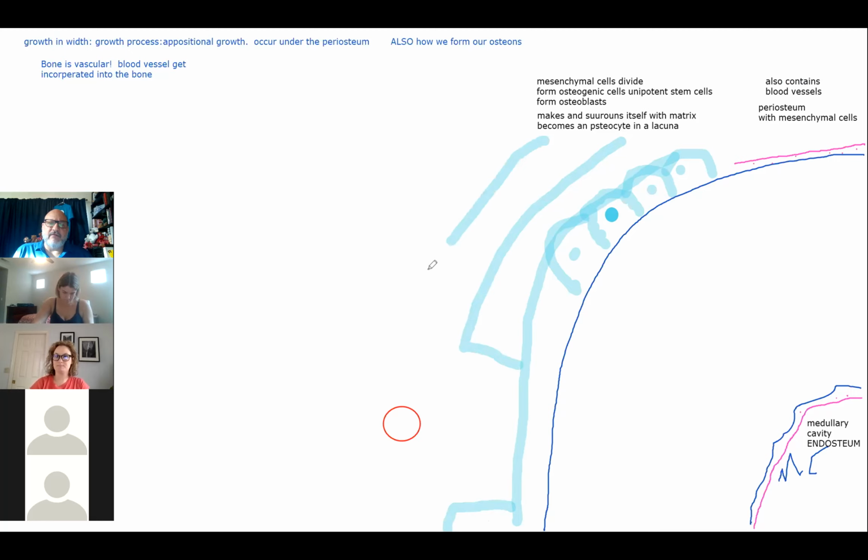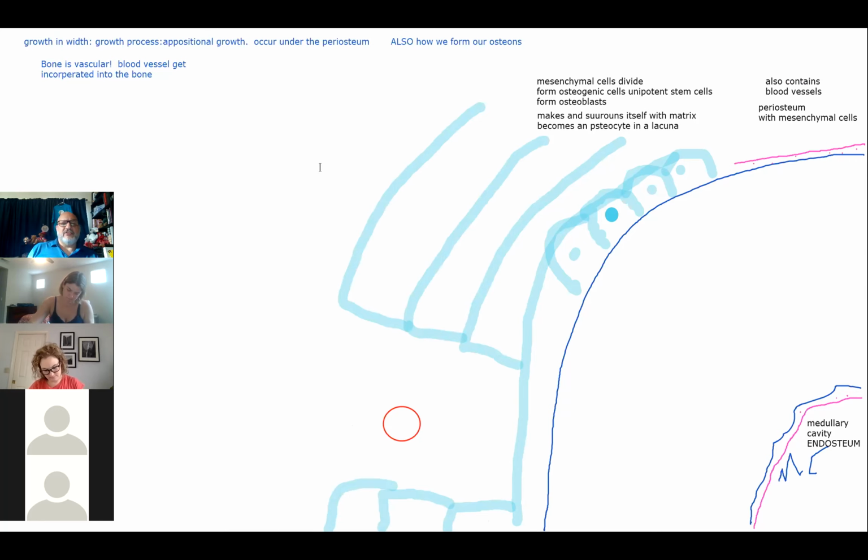And then another layer forms, and we respect the boundaries. And then another layer forms, and we respect the boundaries. And what ends up forming here is what we call these periosteal ridges. And these periosteal ridges form around blood vessels.